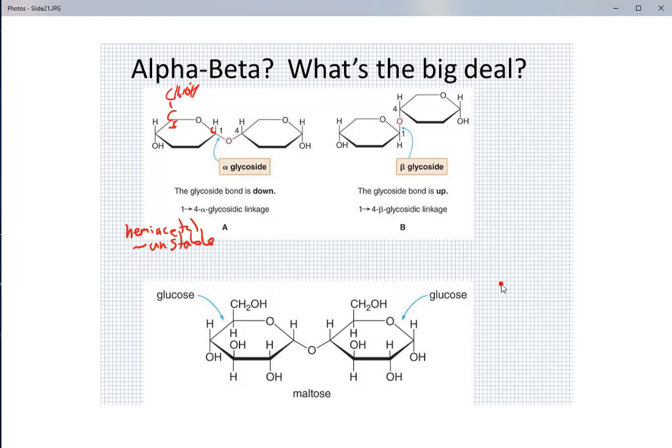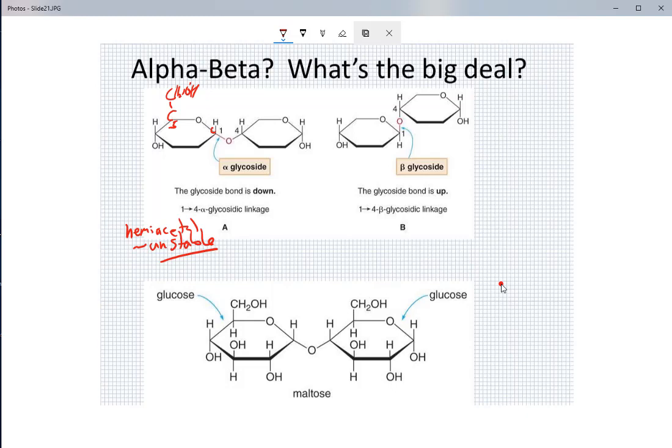Remember how the hemiacetal could form and then could open up and reveal the aldehyde, the open chain form, and then it could close down again and form the alpha anomer, and then it could open up, form the open chain acyclic form, and then close down again and form the beta form, and those are all in equilibrium.